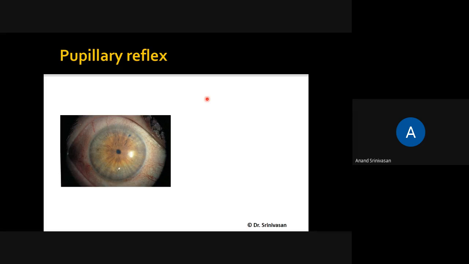Say a farmer suddenly fell into coma and is brought into the hospital. The doctors check the eyes. Why do they look into the eyes? They look for various reasons. One reason is to find out if there is a pinpoint pupil, which could be because of a poison, such as insecticides.